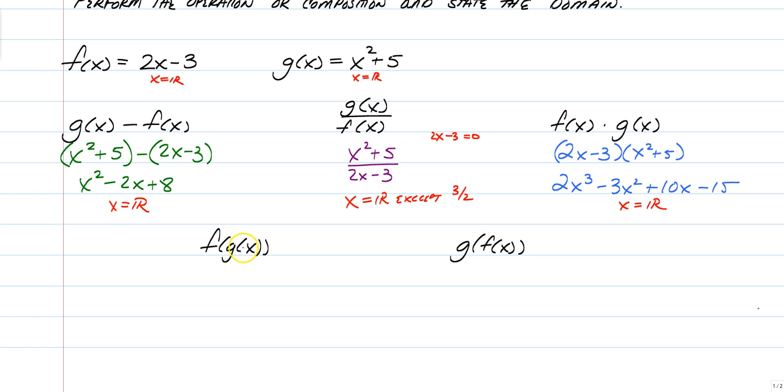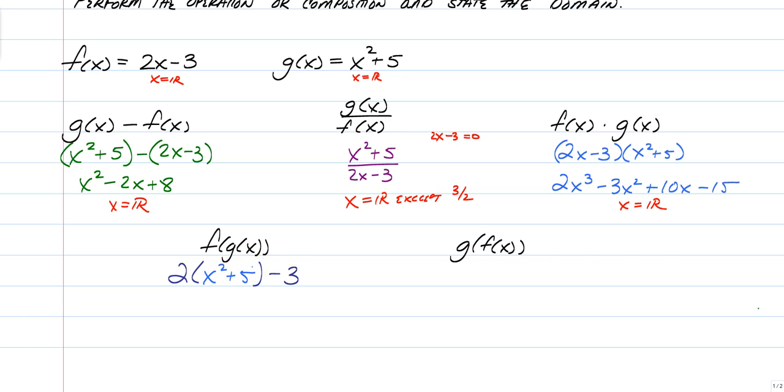But g of x is going to be substituted into the x. So we have 2, and there's our x, minus 3. Now g of x is going to be substituted into it. So g of x is going into f. So where our x would be, we're going to substitute x squared plus 5.